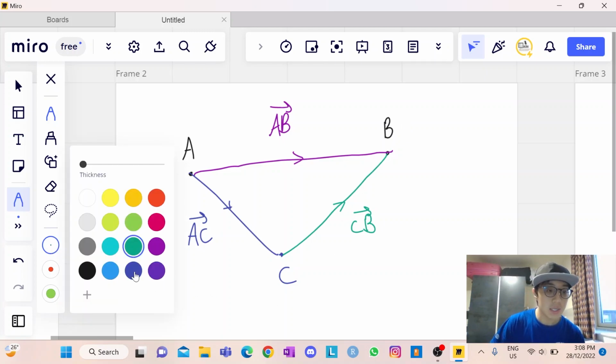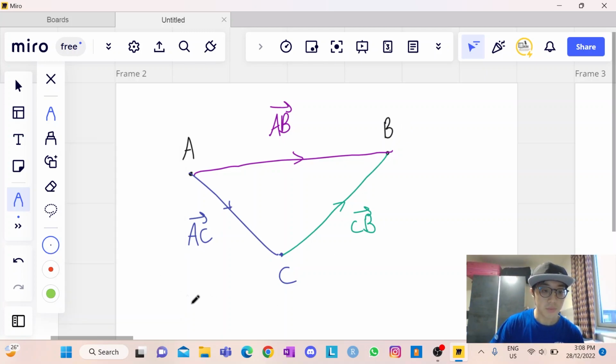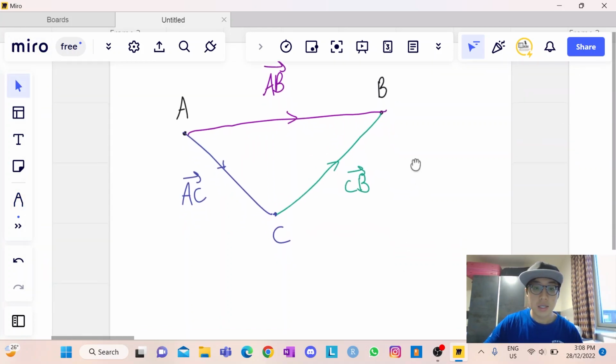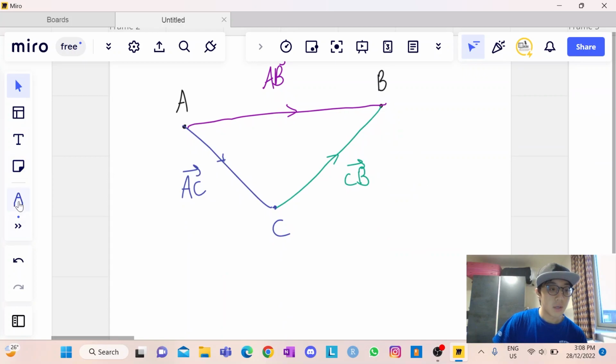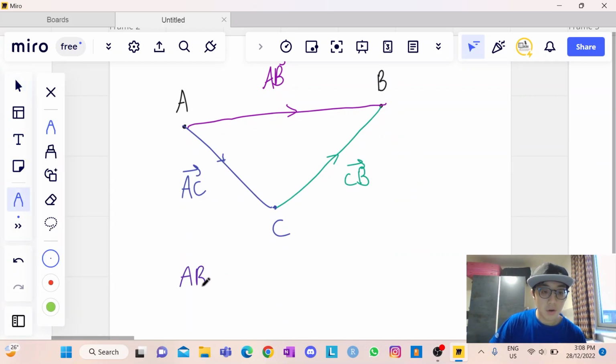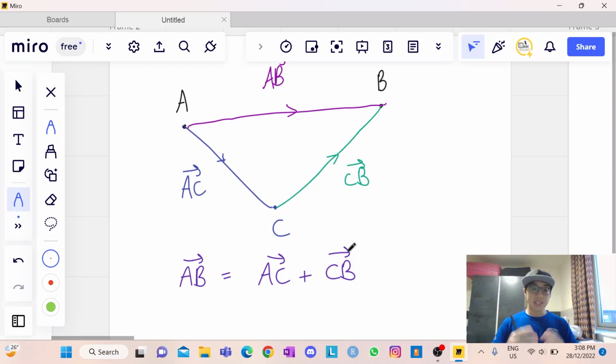Okay, so we can denote this as, let me push this down a little bit, A to B will be equal to AC plus CB. Hope you can see how this works.